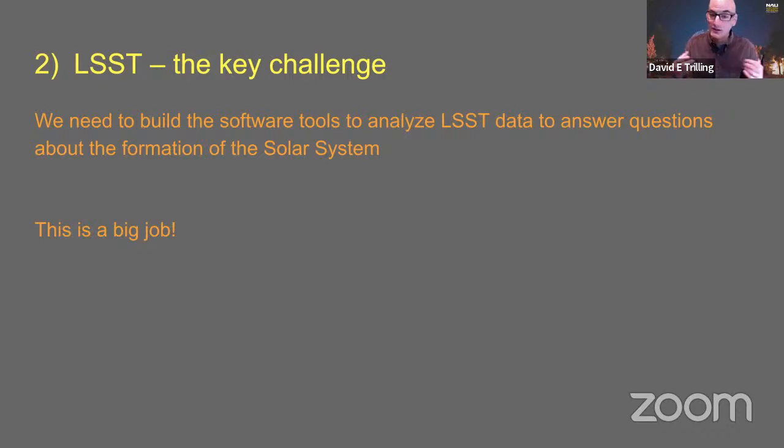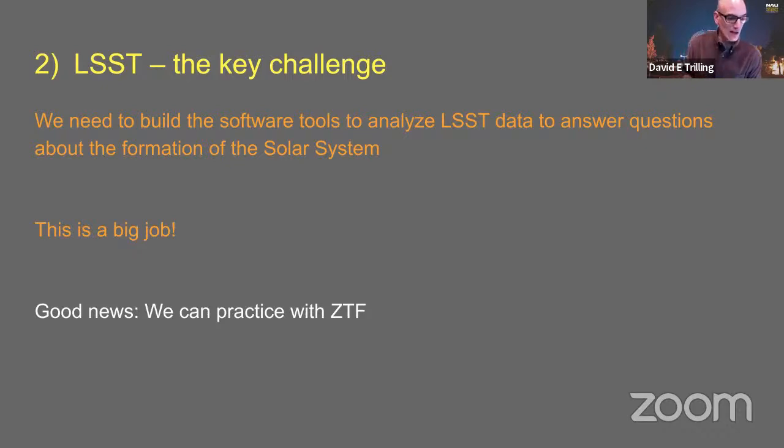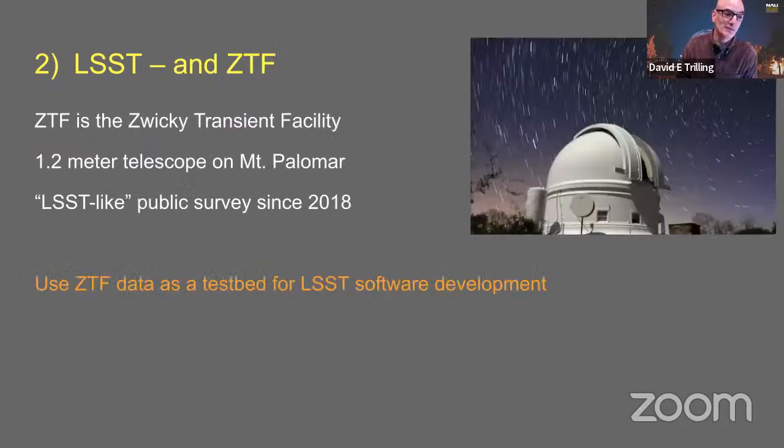This is a big job. It's a lot of data, and we need computational sophistication. So there's good news, and this is the last part of this introduction, which is that we can practice with ZTF. ZTF is the Zwicky Transient Facility, a survey being carried out with a 1.2 meter telescope on Mount Palomar. And here in the upper right is a picture of that observatory.